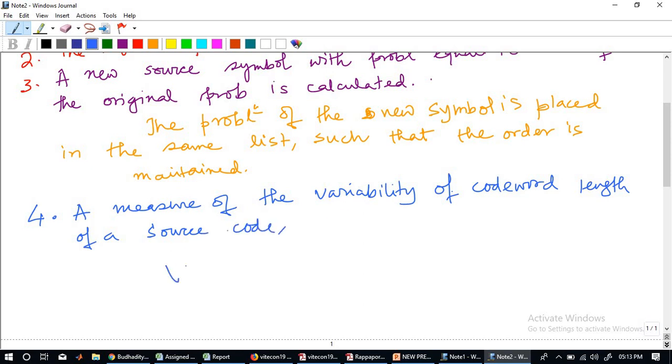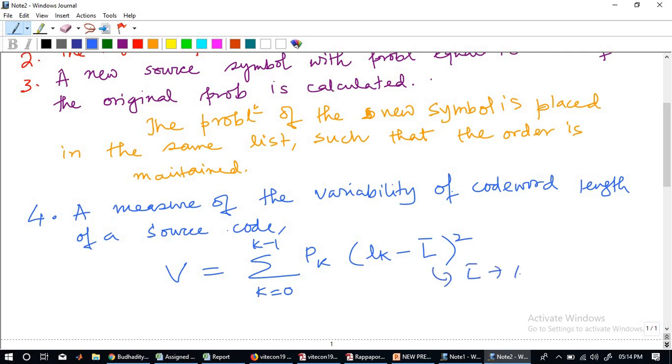It is given by V as a summation of k equal to 0 to K minus 1 of P_k times (L_k minus L average) whole square, where P_k is the probabilities of the original source symbols, L_k are the individual lengths and L average is the average code word length, as we all know.